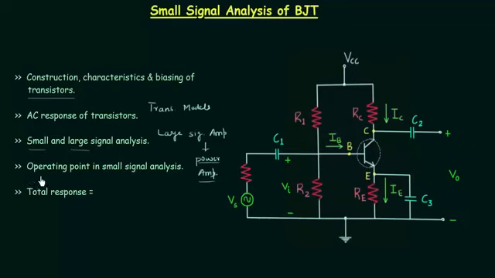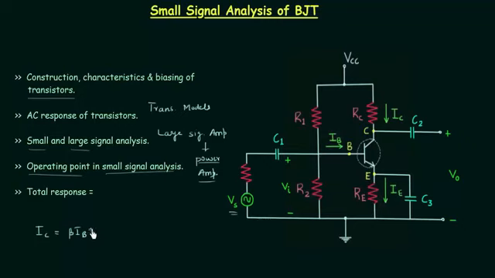Now we will talk about the operating point in small signal analysis. By using this small signal, we do not have to worry about the operating point, because if we use the large signal, the base current IB will also increase, and we already know the collector current IC is equal to beta times the base current, neglecting beta plus 1 ICBO.